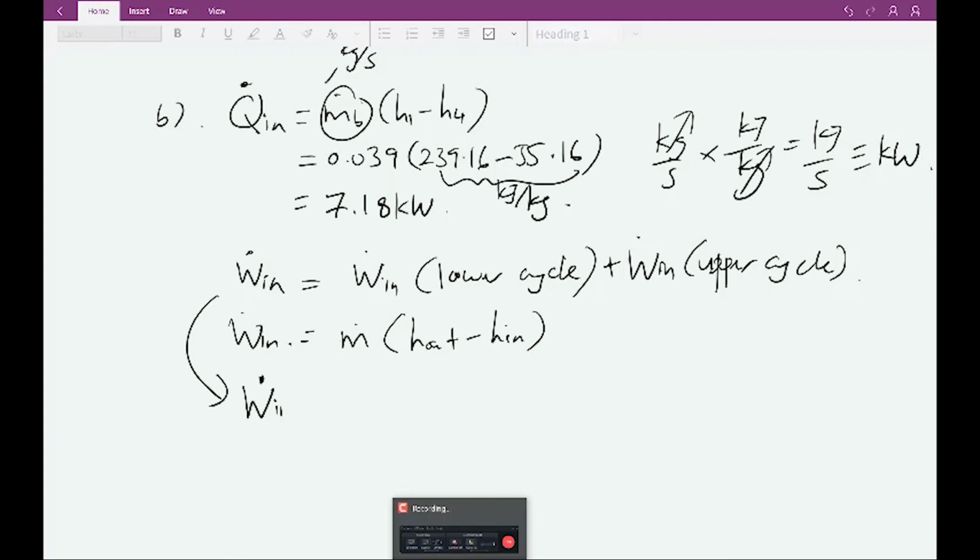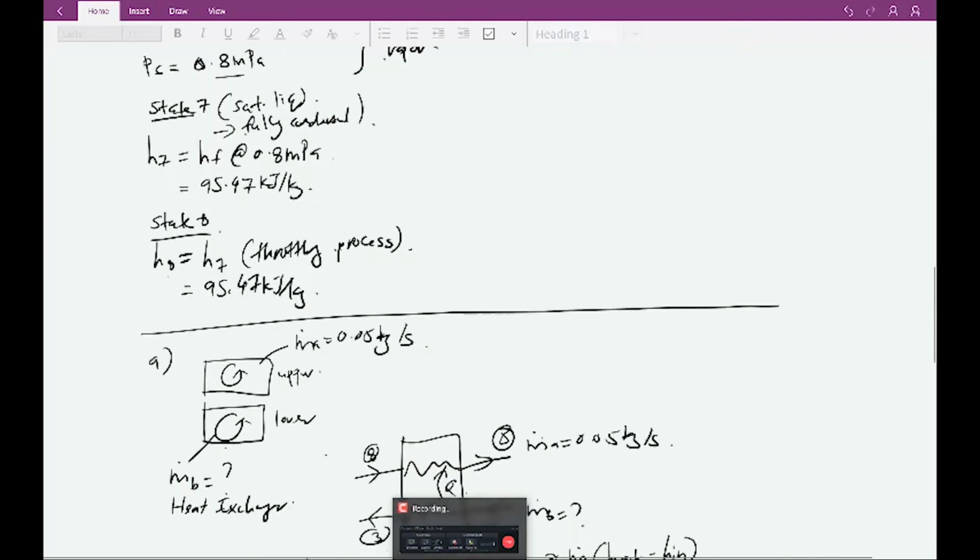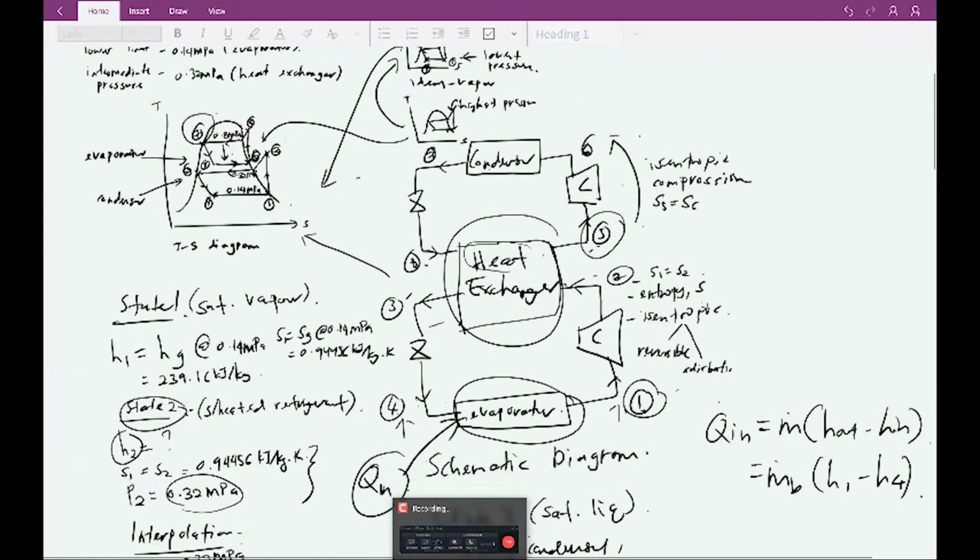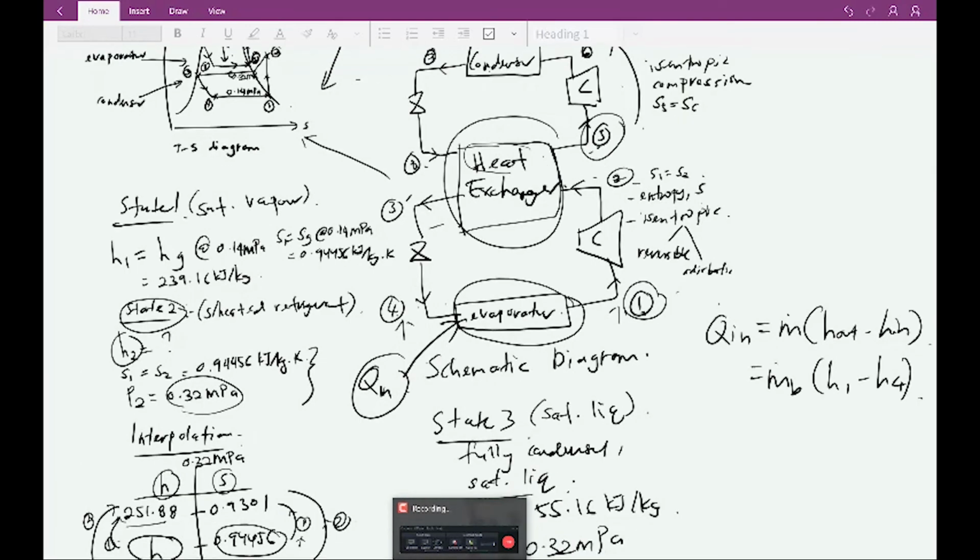W dot in equal to, for lower cycle we use m dot B. Your H out is state 2, we look at the compressor.